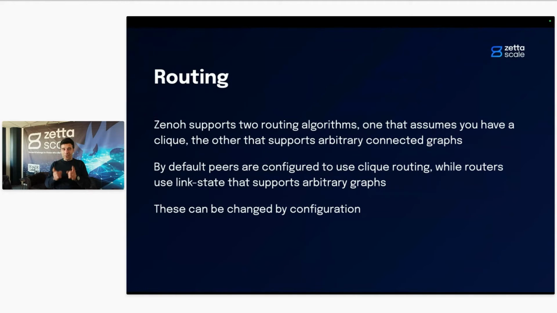Once again, discovery discovers the topology, and then routing is used to route on the topology, sometimes having assumptions on the nature of the topology. So by default, peers are configured to use clique routing, because usually this is the situation in which you end up with peers, while routers use link state, which is able to support arbitrary graphs. And again, all of this can be changed by configuration.